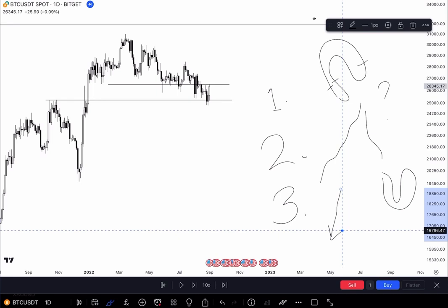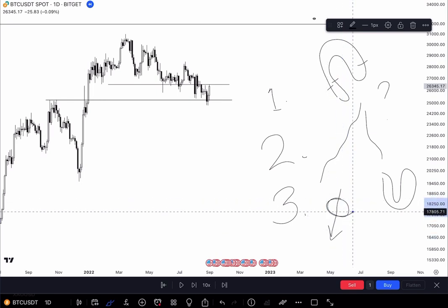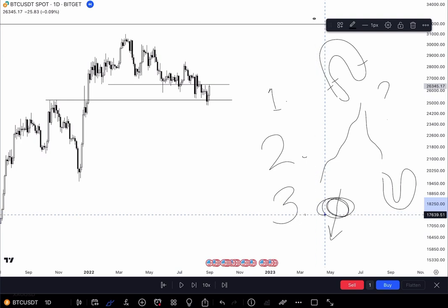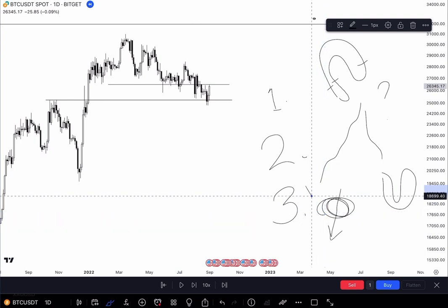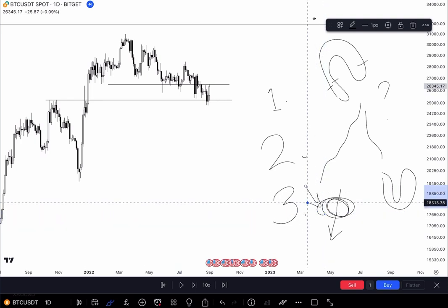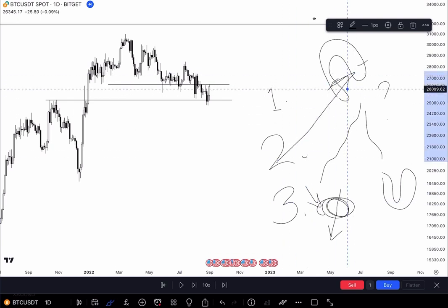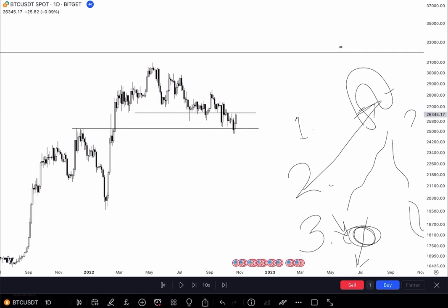Let me say that again. What's the point in price which is highly unlikely to be reached before the draw on liquidity is reached? Right? That is your invalidation level.